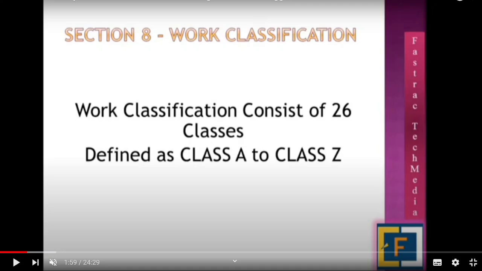So whenever I am telling class A to Z, that is divided into 26 sections. Actually, section 8 is divided into 26 classes, class A to class Z. We will go through that.